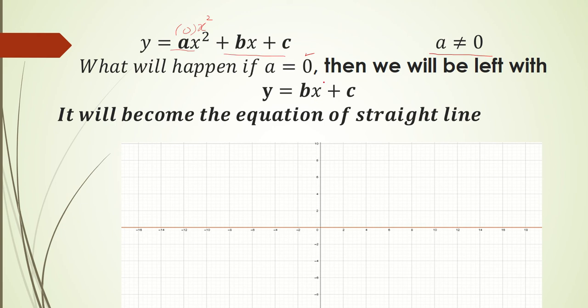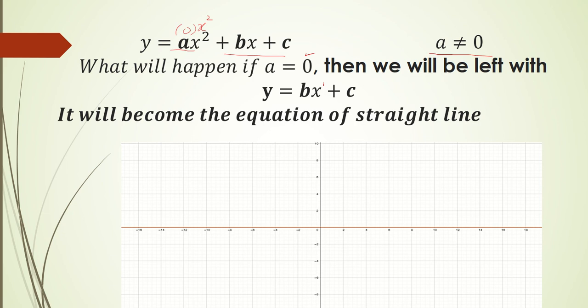So bx power 1 means a linear equation, so we are going to have a straight line graph. So the curve graph will be converted into a straight line if a becomes 0. This is something very important.